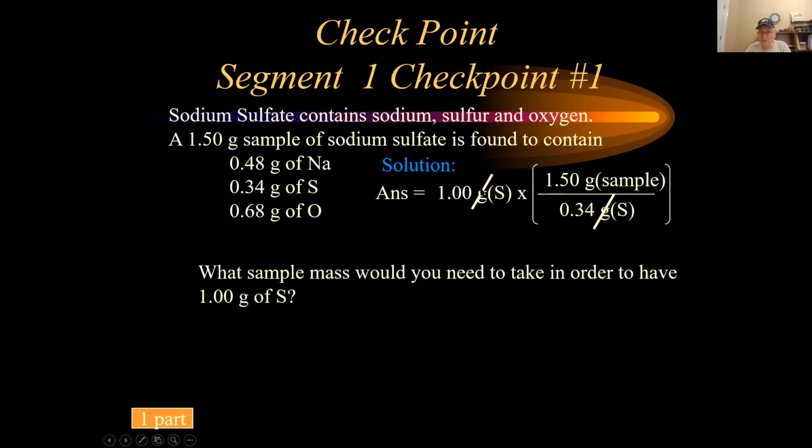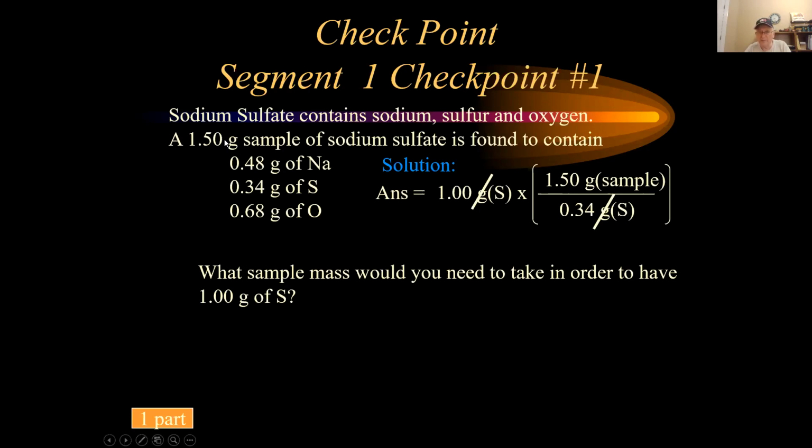You'll have an amount given in the problem with a unit given in the problem. Put the unit given in the problem in the denominator of your conversion factor. Look back at the problem and put the unit needed in the numerator, grams of sample. And now look for data that connect those two.